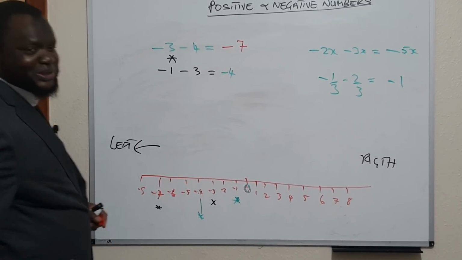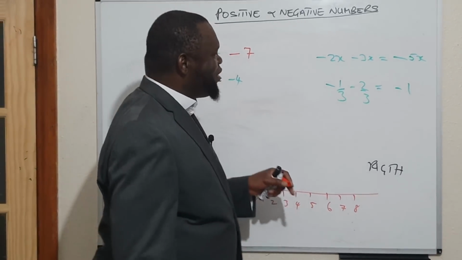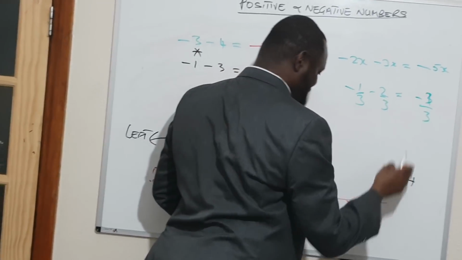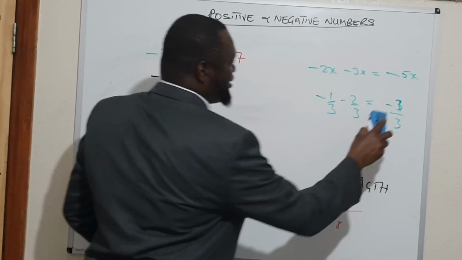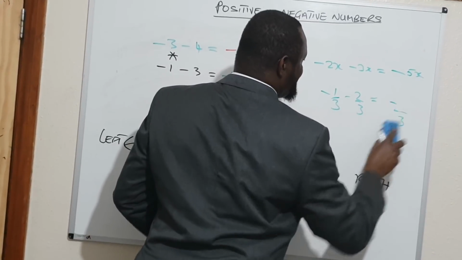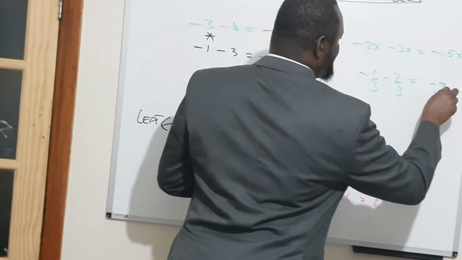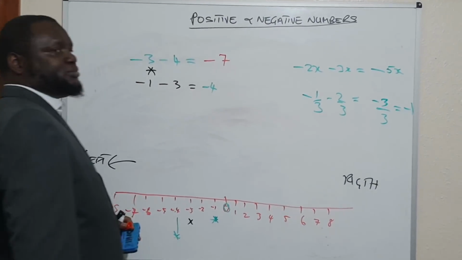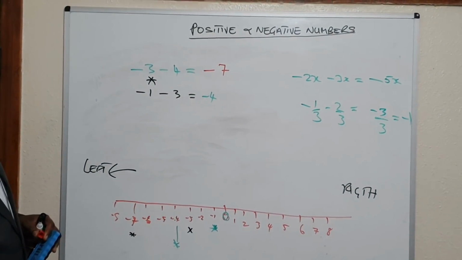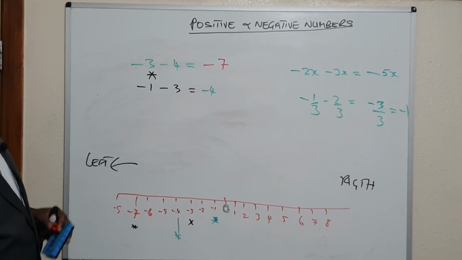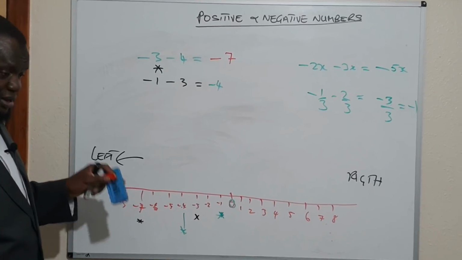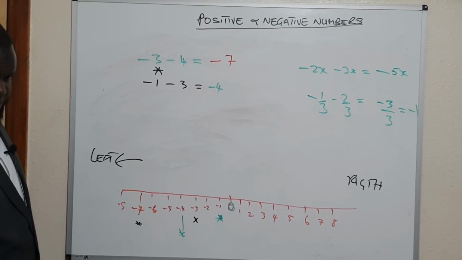You add the 2, so this will be minus 3 over 3, innit? Which equals minus 1. So algebra, the science of numbers, is very, very important in mathematics. I can say it's a foundation.